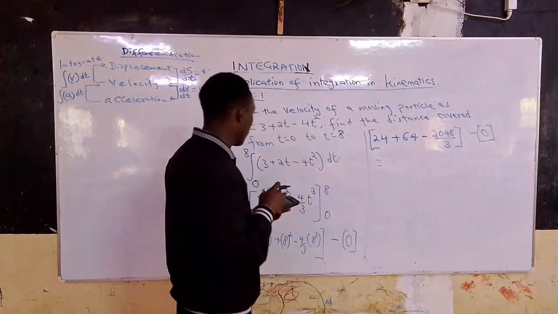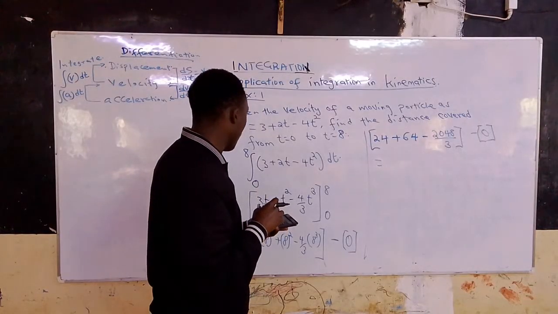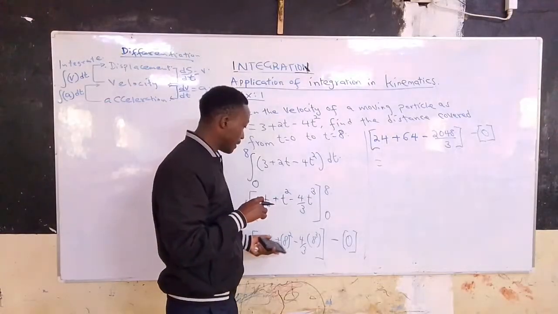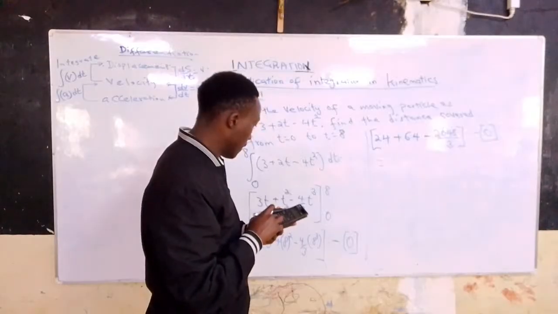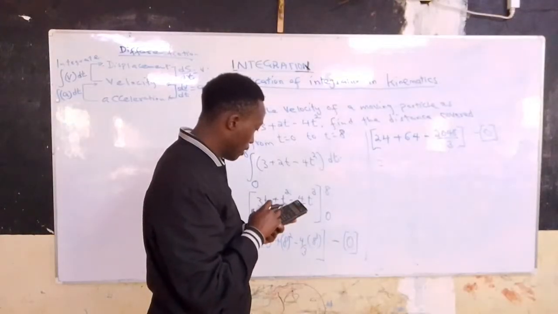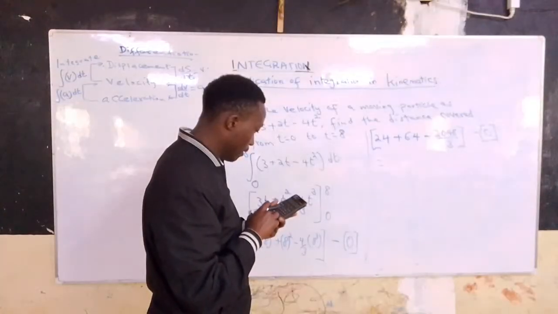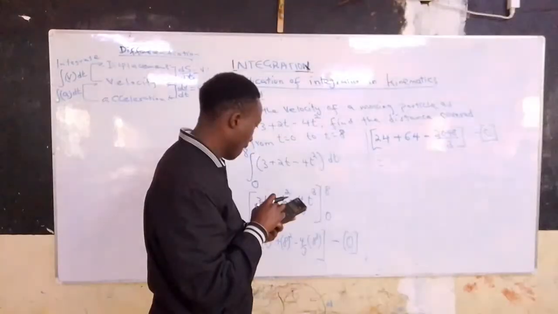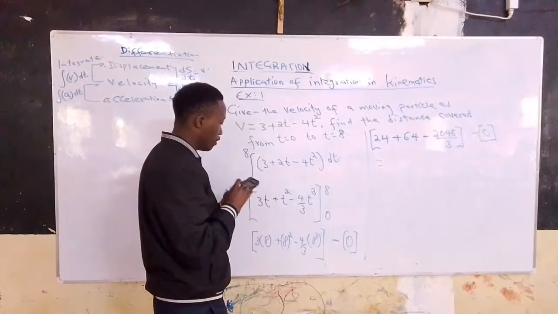Sorry. So 24 plus 64, 8 cubed is 512 multiplied by negative 4 over 3 is equal to negative 2048 over 3.